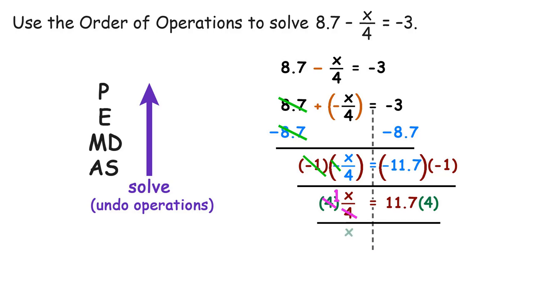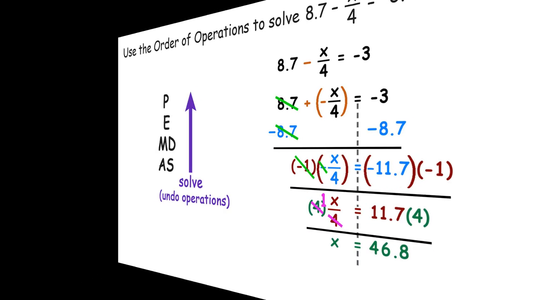So we bring down the x. Next, we bring down the equal sign and then perform the multiplication on the right side of the equation to get 11.7 times 4 equals 46.8. So the solution is x equals 46.8.